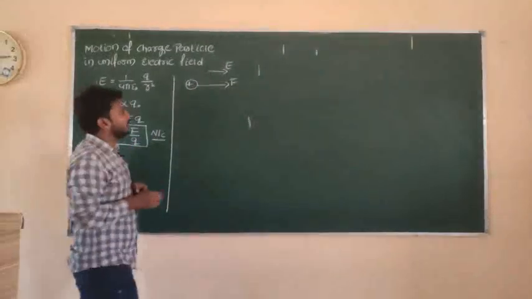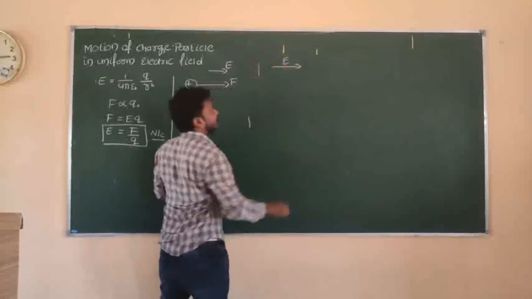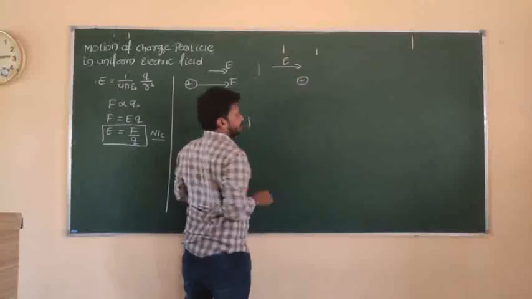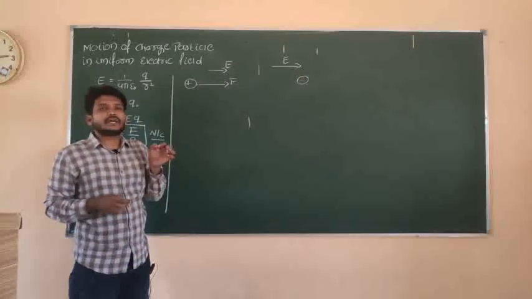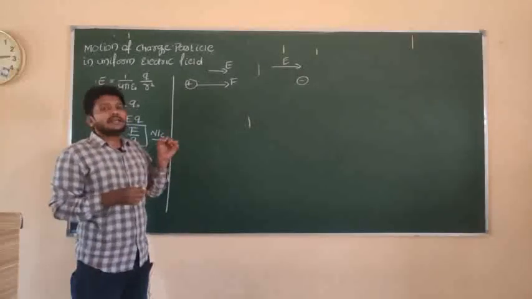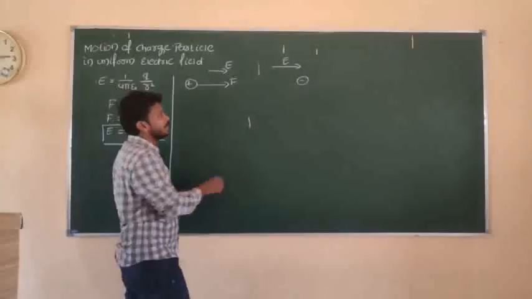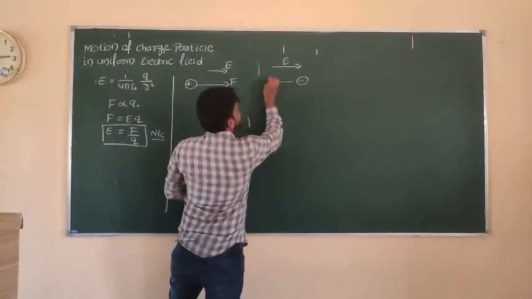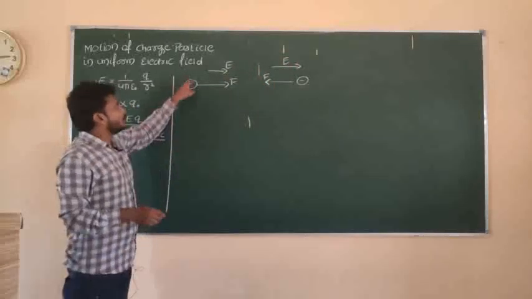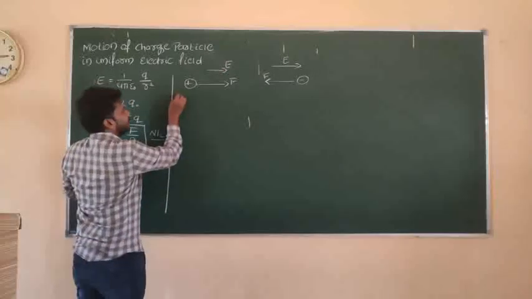Then what about the negative charge? For example, I will consider the electric field region here. If a negative charged particle is present in a uniform electric field, what is the direction of the force acting on it? The direction of the force is opposite to the direction of the field. So look here, a positive charged particle experiences a force along the direction of the electric field.